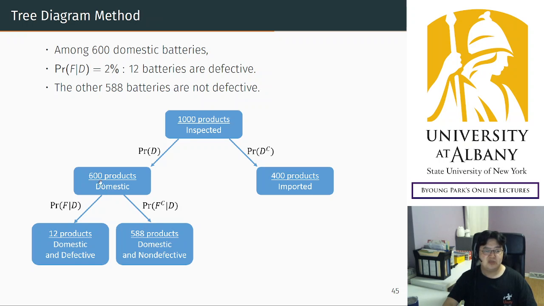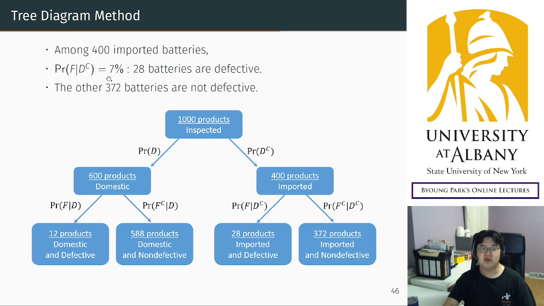So you divided 600 batteries into two piles, and we are going to do the same thing for the other pile. But here, you have to use a different probability because the remaining 400 batteries are imported batteries. And we know that the defect rate for imported batteries is different.